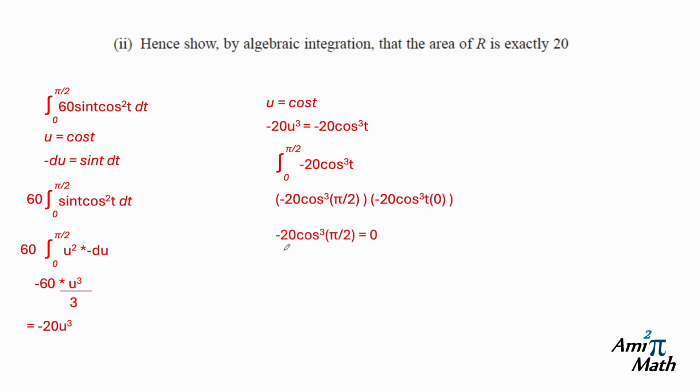And as cos pi over 2 equals 0, 0 to the power of 3 times minus 20 is just 0. And here, as cos 0 equals 1, 1 cubed is 1, multiplied by minus 20 gives minus 20, and we do the upper limit minus the lower limit, so 0 minus minus 20 gives 20, and that is it.